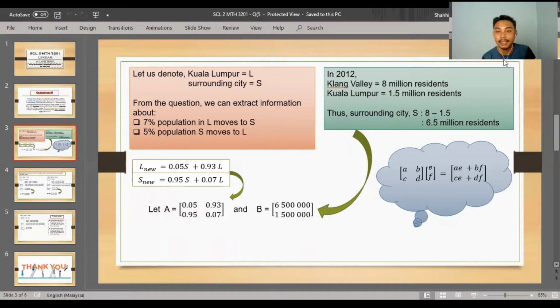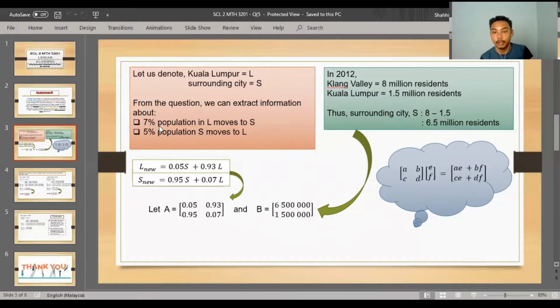As we can see here, we can denote Kuala Lumpur as L and surrounding city as S. Okay, so for the question, actually we can get the information from the information given in the question.